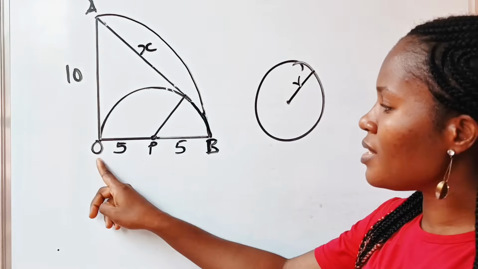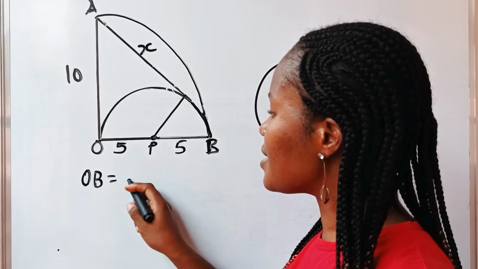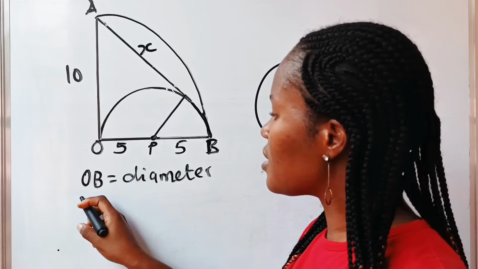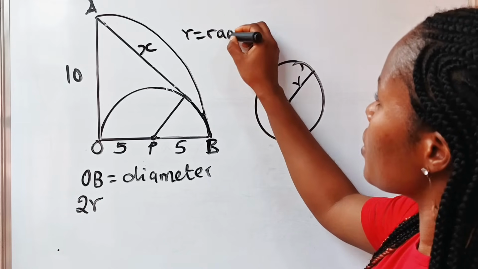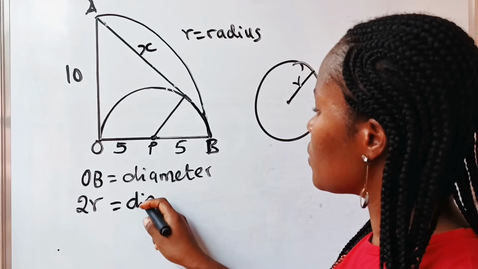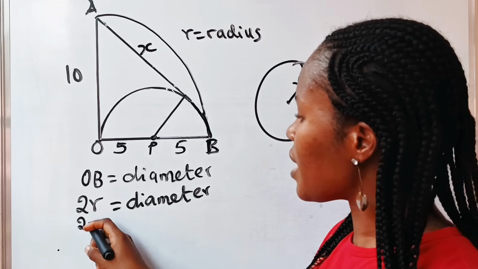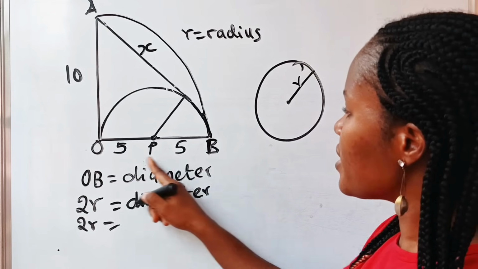But if you look at this from here to here, OB is the diameter, and 2 times R, where R is the radius, is equal to the diameter. So 2 times R is equal to our diameter, OB, which is 10.